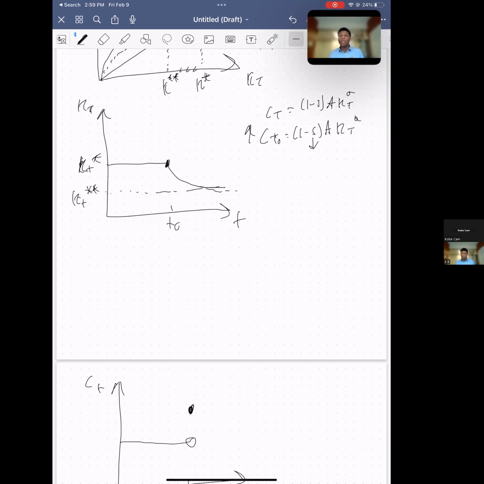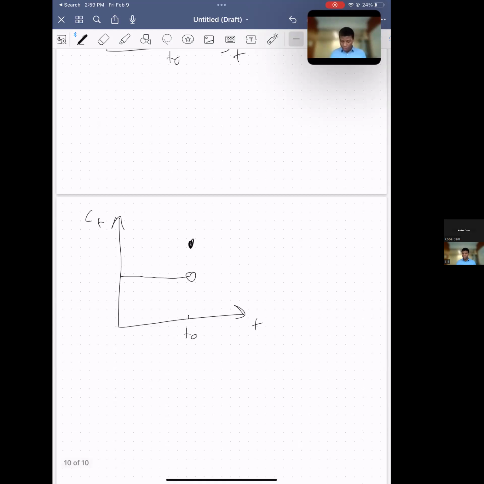It's especially in our equation. The direct effect is that the savings rate is going down, right? And so that means that our consumption at T0 goes up. So if that's going up, now we have this.